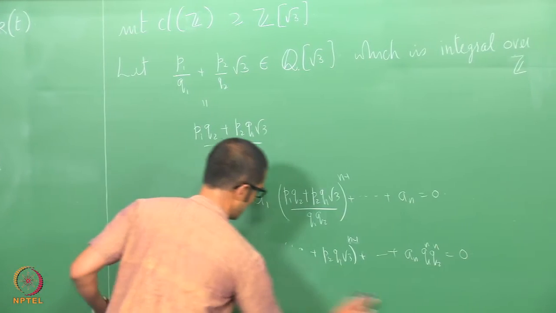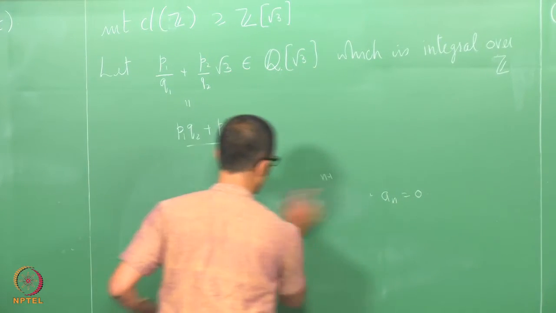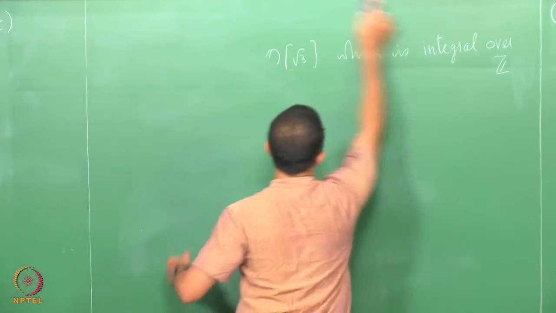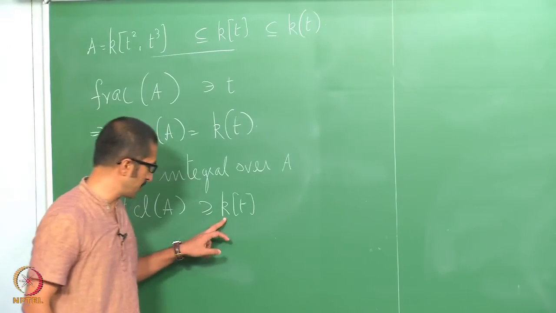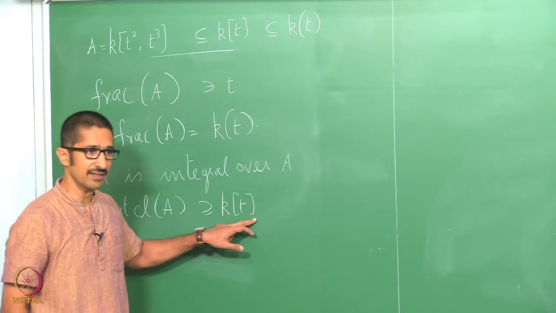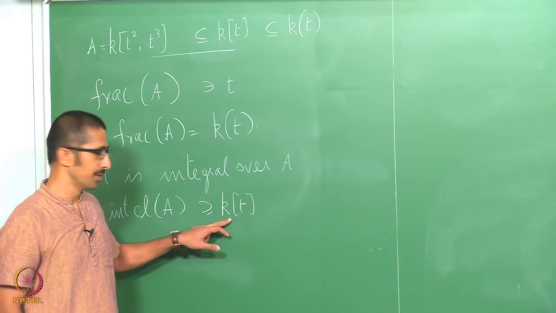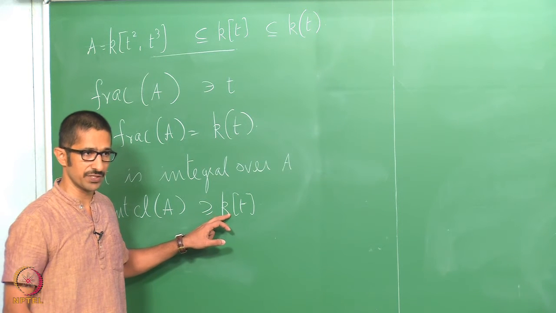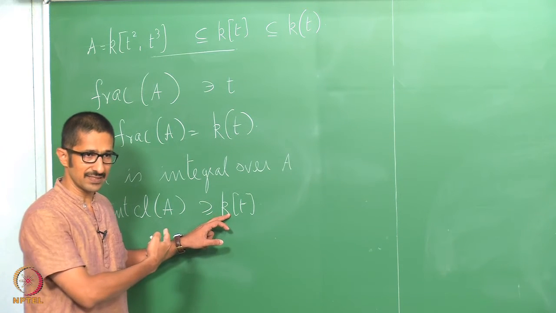I want to say that, suppose I take an element in, okay, so now what can you say about k[t]? This is a PID and hence a UFD. Therefore, this is integrally closed by the exercise.